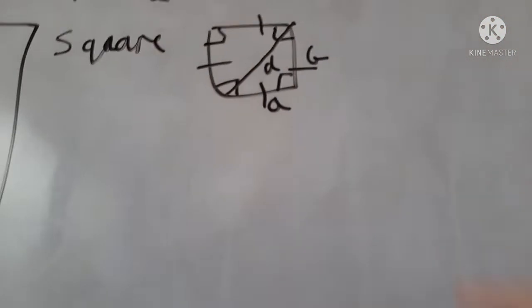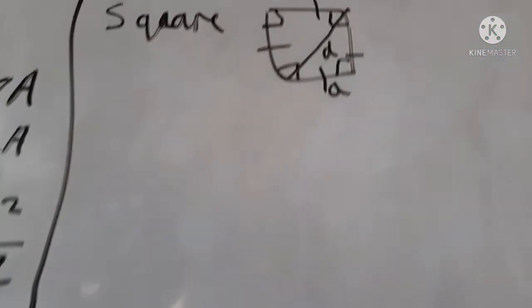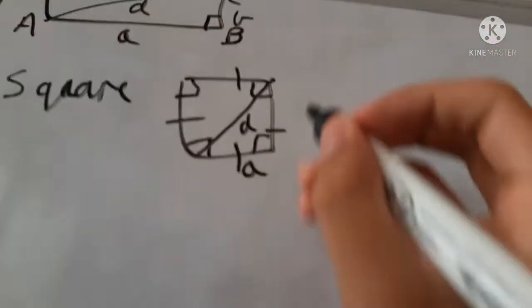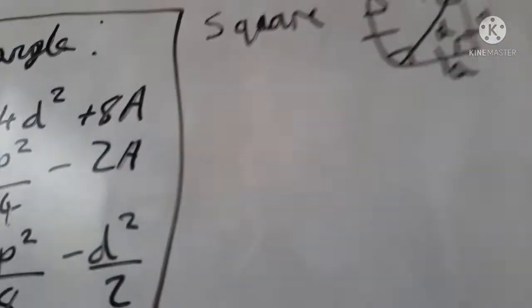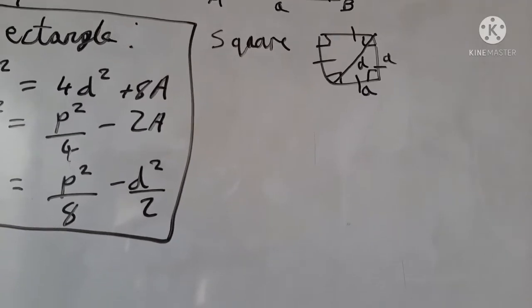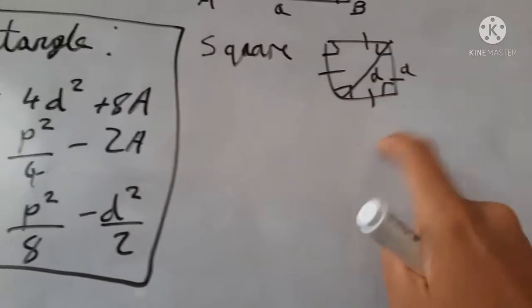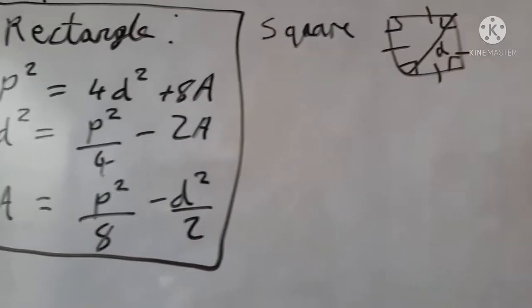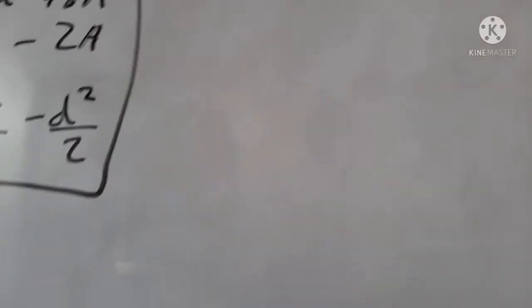But of course a and b are equal by definition of a square, so both of these are a. We don't really care about these a's; we just want the perimeter in terms of the area and all that stuff.